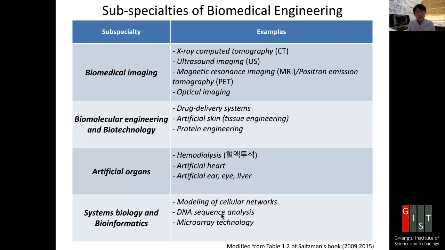And not only DNA or gene expression, we need microarray technology, which will give us a big picture of whole genetic expression, not only a single gene but a lot of them, or even the whole gene expression at the level of RNA, at the level of protein. So these are related to systems biology and bioinformatics.